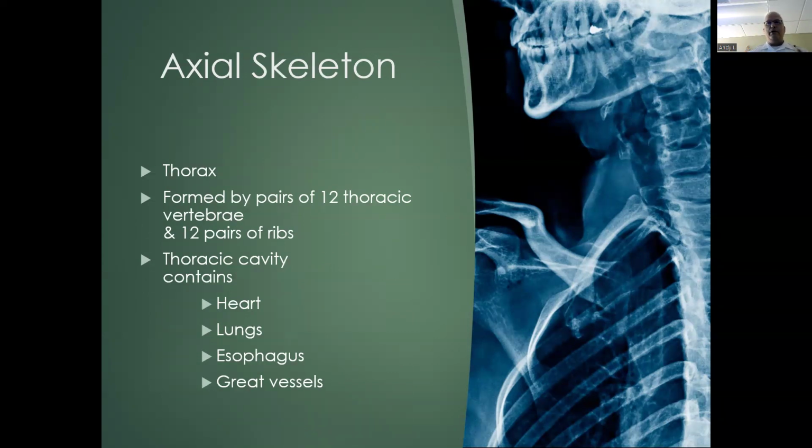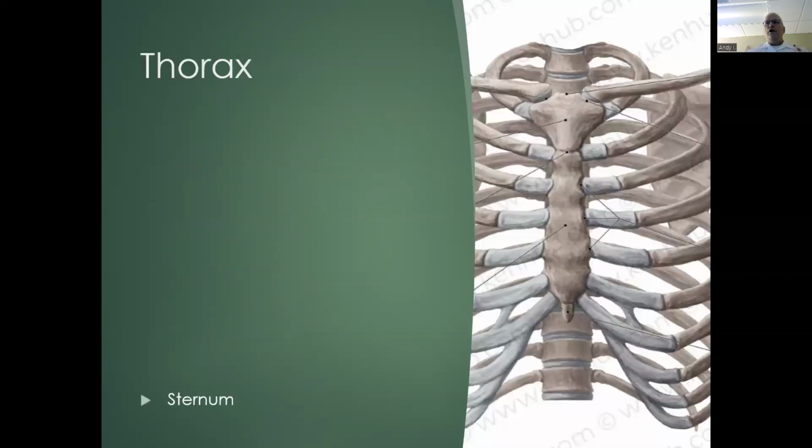If that's damaged, somebody can bleed out very quickly. The front of the thorax is the sternum. At the base of the sternum is the xiphoid process, the little tip down at the bottom. And then the ribs.